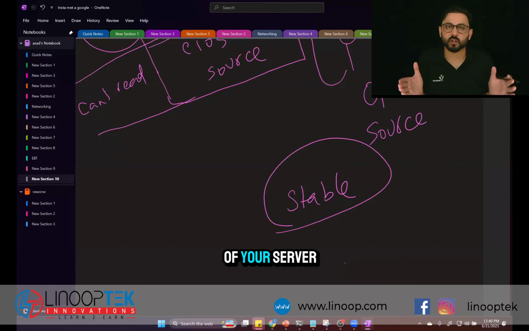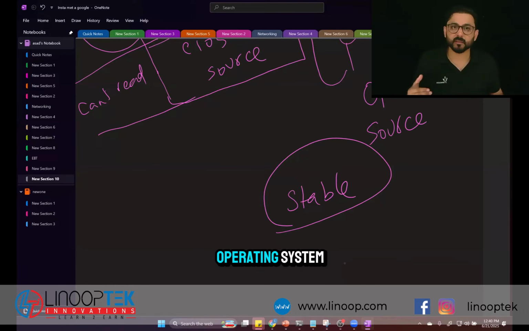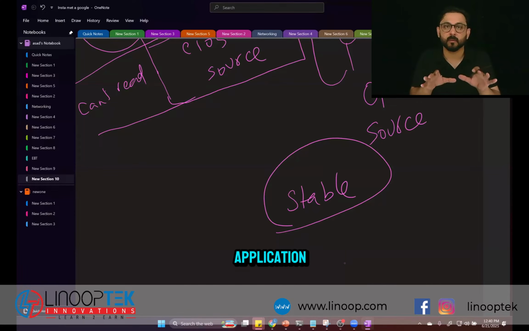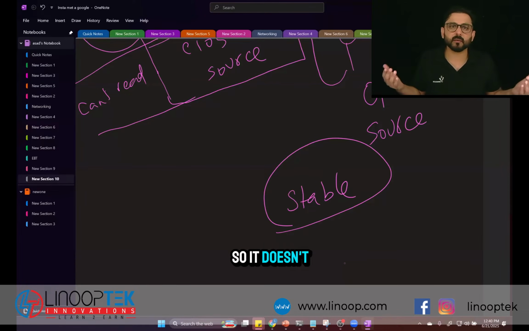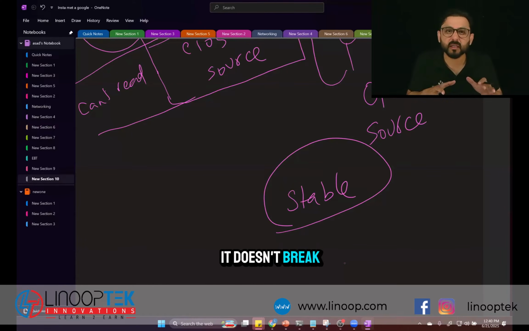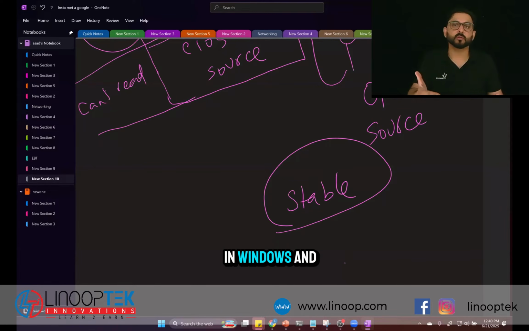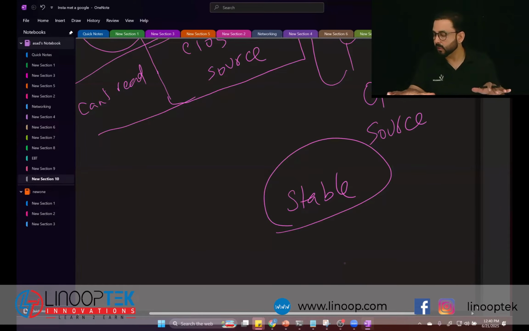It's the resources of your server. The code that makes the Linux operating system is written intelligently to handle multitasking and multi-threaded applications. So it doesn't slow down your server. It doesn't break down your server. How many of you run into this issue that you're working on your Windows operating system, and you open 4 or 5 windows and you're working between these applications, right?